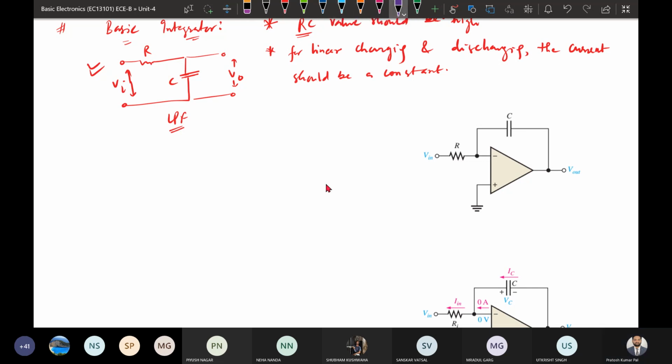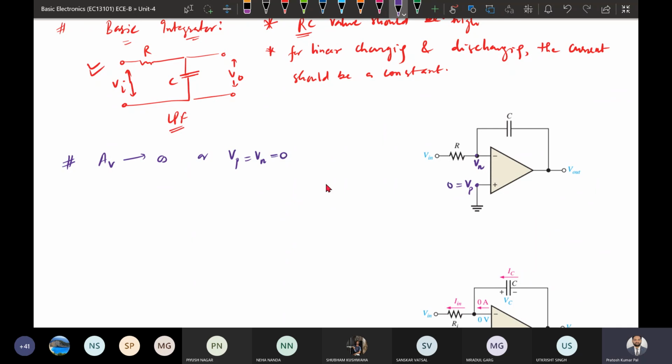Sorry. So we will start the analysis of the integrator circuit. For analysis, we have to assume that the gain is infinity. Call the voltages Vp and Vn. Vp is equal to Vn, and this is equal to 0 because Vp is 0.